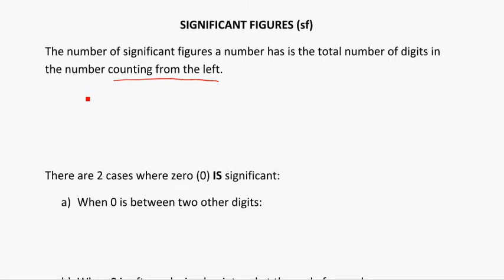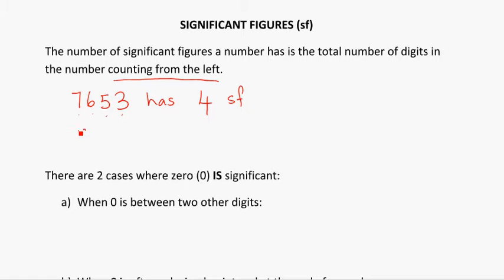And so a number like 7,653 has 4 significant figures, and notice that significant figures is shortened to SF, much easier to write. So counting from the left, it has 1, 2, 3, 4 digits, and so it has 4 significant figures.